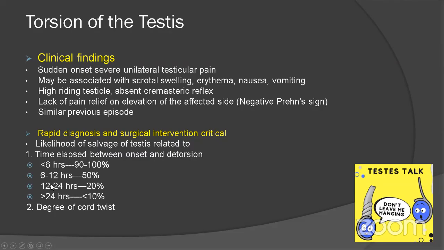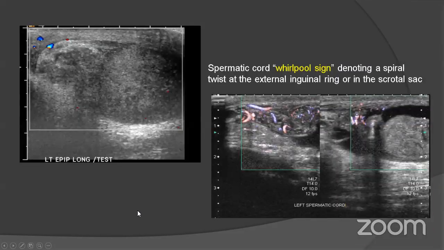So do not use the time elapsed or the history as a criterion for claiming that this testicle cannot be salvaged, because if the cord is twisted less than 360 degrees, then the time elapsed could be longer and the testicle may still be viable.